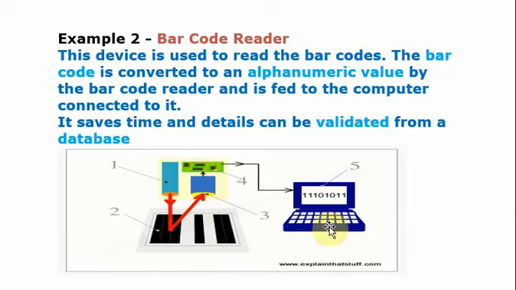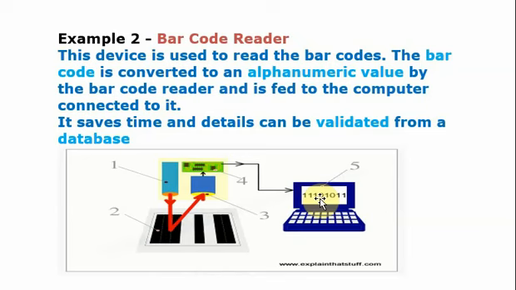Then we print out those barcodes and place them on the product objects. According to the barcode pattern, the light will be reflected. Then this is fed to the computer, and using the database it can identify what information this particular barcode is for. Then the information will be displayed then and there.